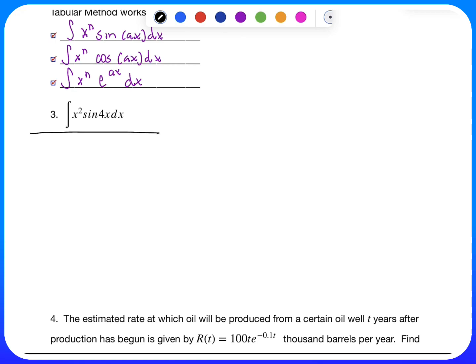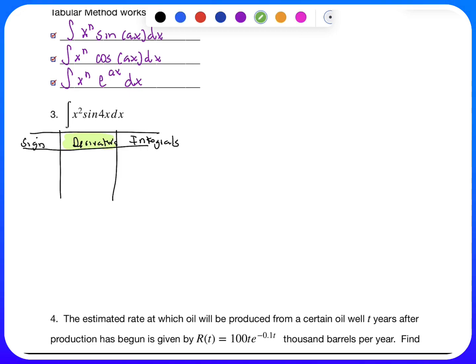Again, we're going to start by identifying our u and our v, and set up our table. Our first column is going to be the sign, which alternates positive, negative, positive, negative. Our second column is our derivatives, the u and its derivatives, and our third column is our integrals. We look at our 2 functions that are multiplying together and identify our u term.